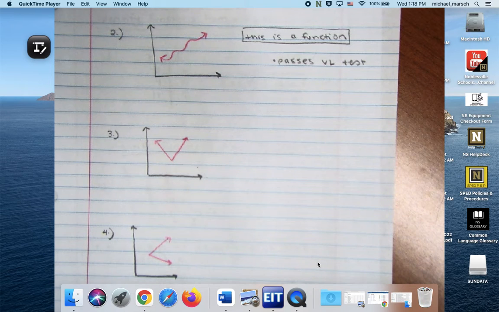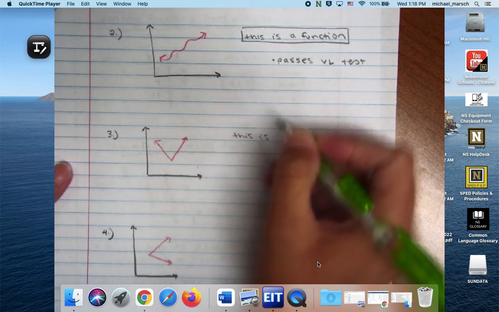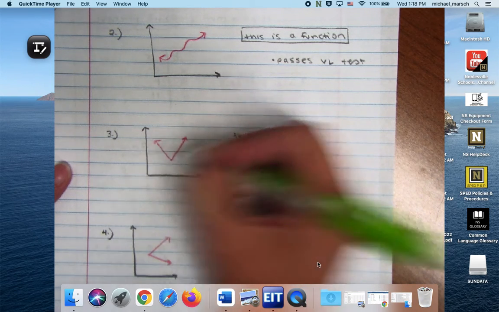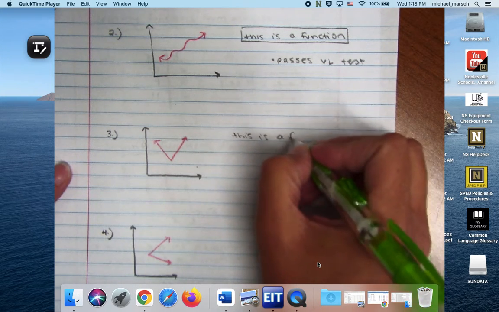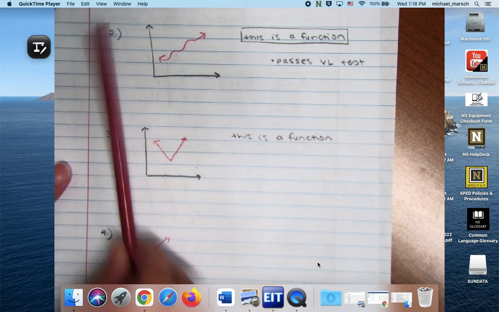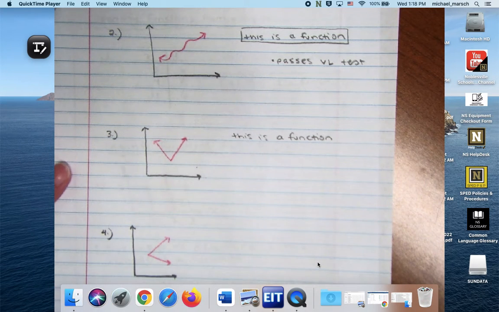How about the next one? Is this going to be a function? Yes. This is still nonlinear because it has a point there, but this is a function, right? Because if I go vertically, it's never going to pass 2 points at the same time, right?